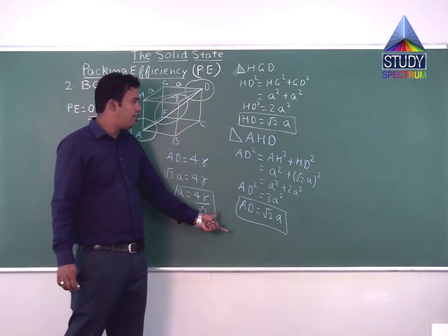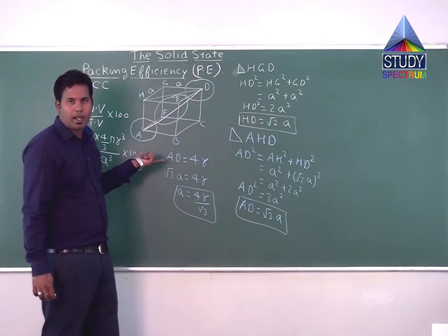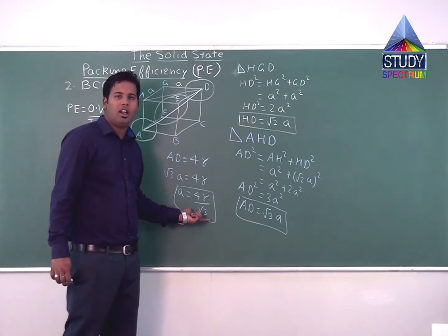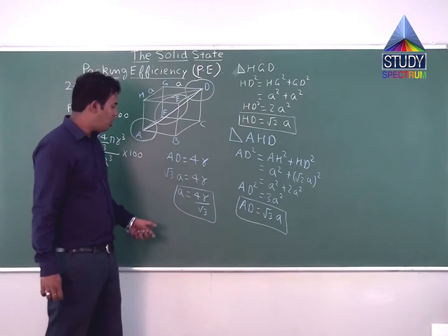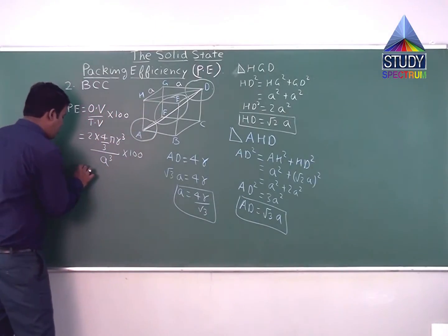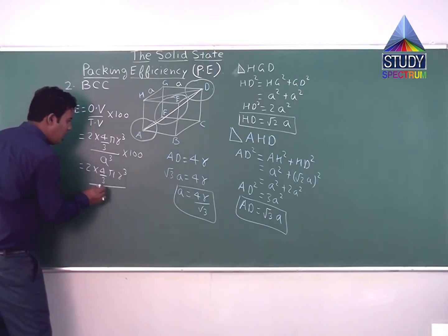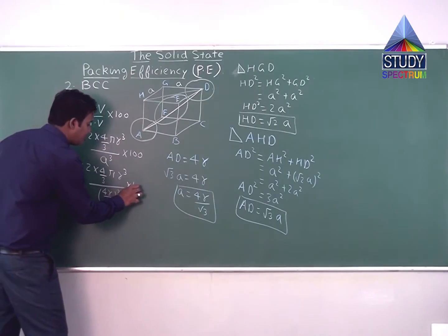That is why we have done the previous part of the work for BCC, and we have obtained the relation between a and r as a is equal to 4r by root 3. So if I substitute a is equal to 4r by root 3 over here, it becomes 2 into 4/3 pi r cube divided by the cube of 4r by root 3, into 100.